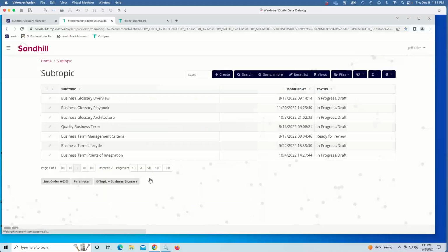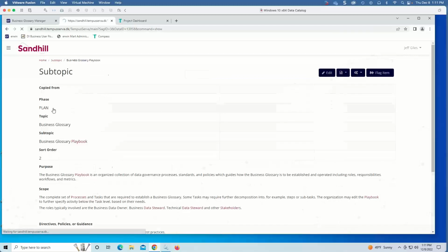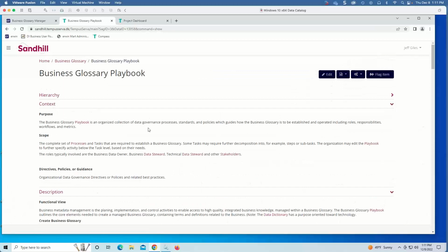The other thing is business glossaries, probably one of the first things that people do when setting up data governance. Within a business glossary, I might want to understand, what do we actually have to do to build it?